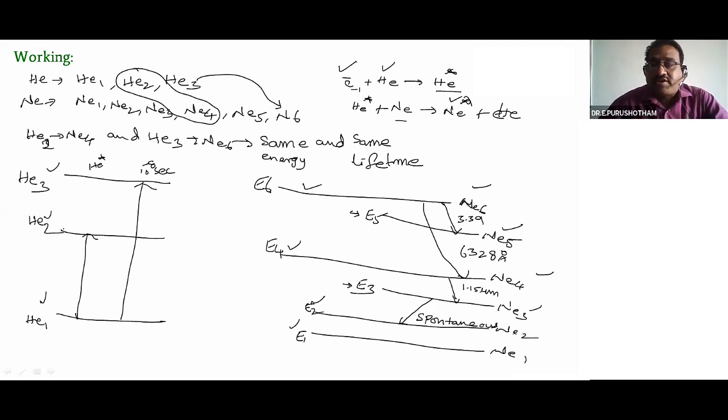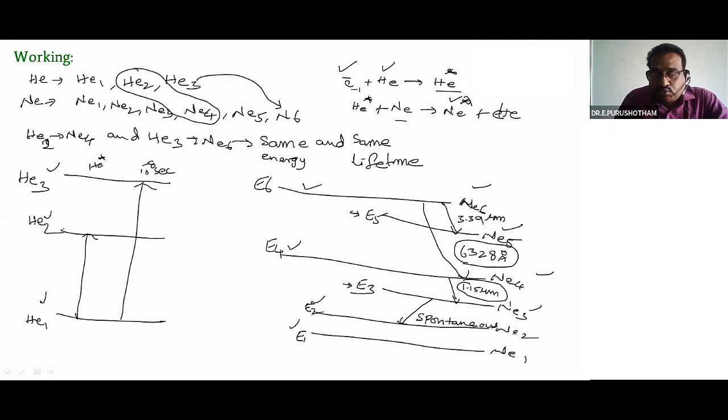Due to this pumping process, radiation is emitted from Ne6 to Ne5 with 3.39 micrometer radiation, and from Ne6 to Ne4 with 6,328 angstroms radiation. From Ne4 to Ne3, we observe 1.15 micrometer radiation.